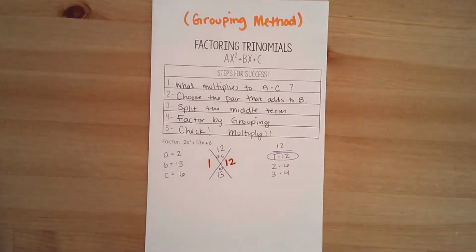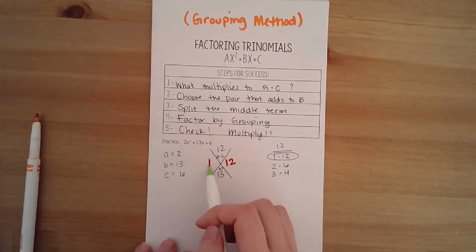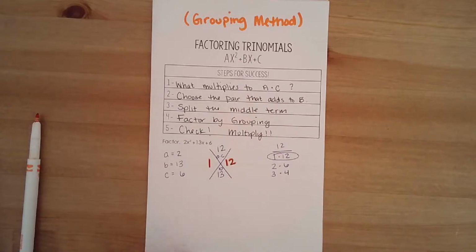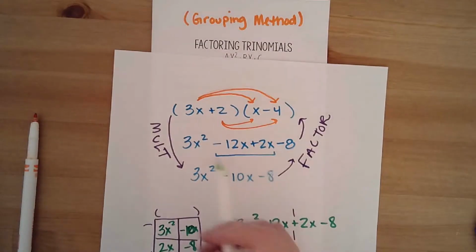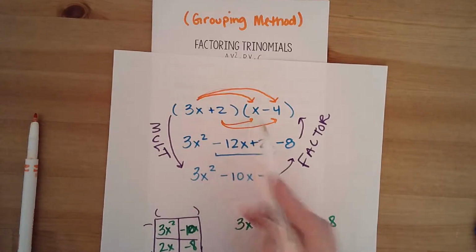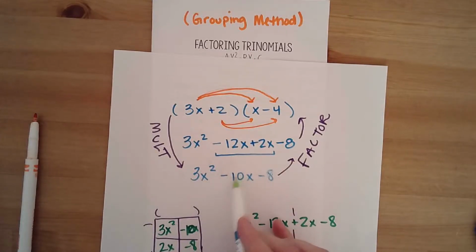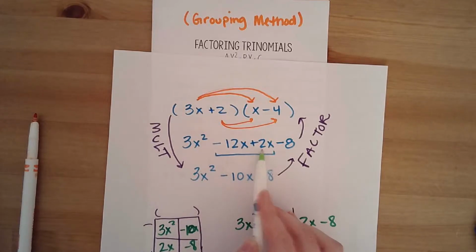Here's where the factoring by grouping is coming in. So let's look back at our multiplication problem. If this was the multiplication problem that I started with, my two terms that added together to give me the b, the x term here, were negative 12 and 2.